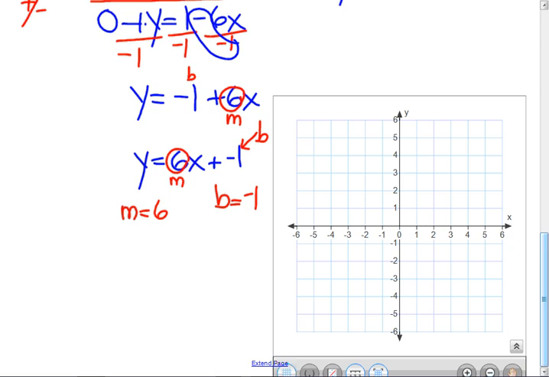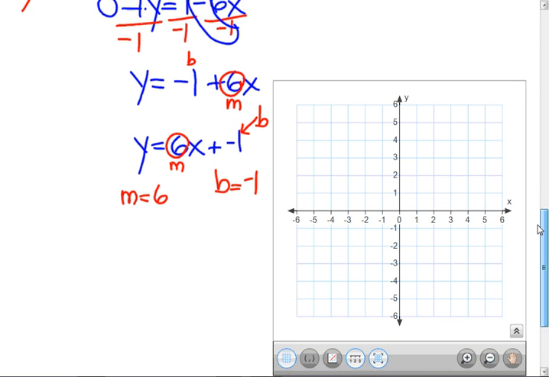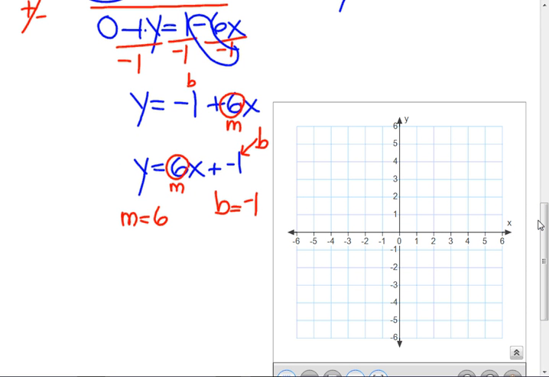Okay, there we go. And where do we begin on our graphing? David, where do I begin? It says begin where? At? Okay, where is that -1 located? There's a whole bunch of points. Great, it's on the y-axis. Now, do you know how to do the slope? It's a 6. It's 6 over what number?